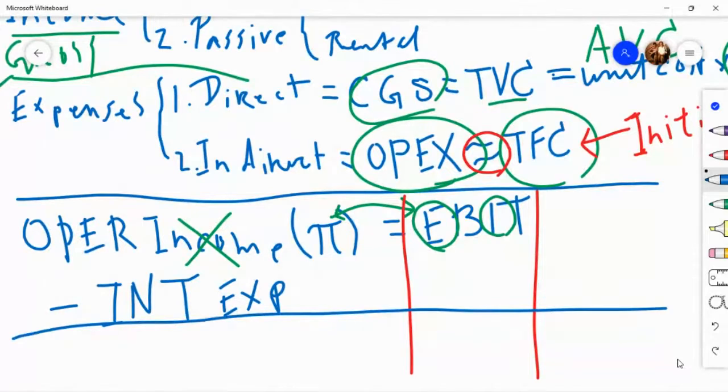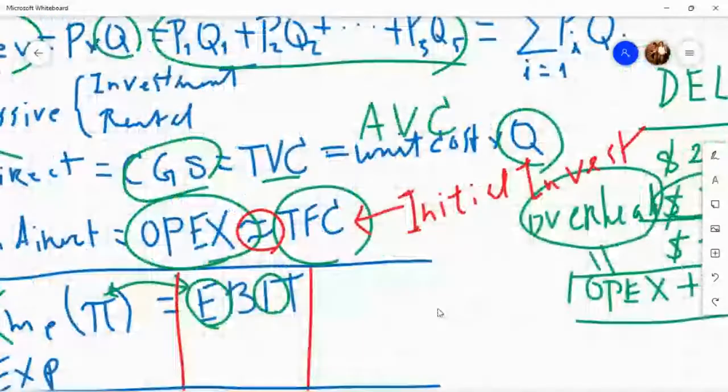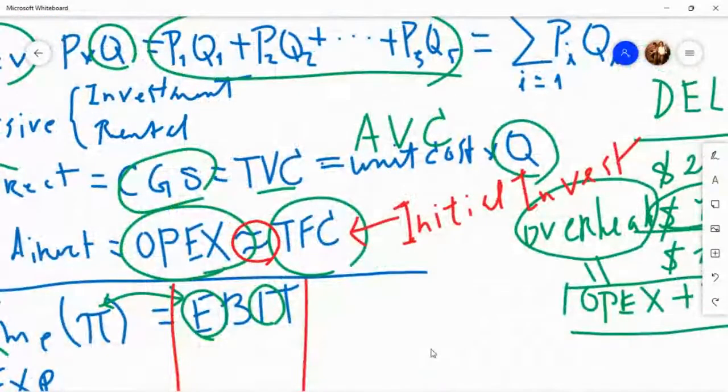You have already incurred the expense. What expense? The initial investment. In other words, $100 million was expensed at time zero already. That initial investment, where does it come from? Where do you get $100 million from?